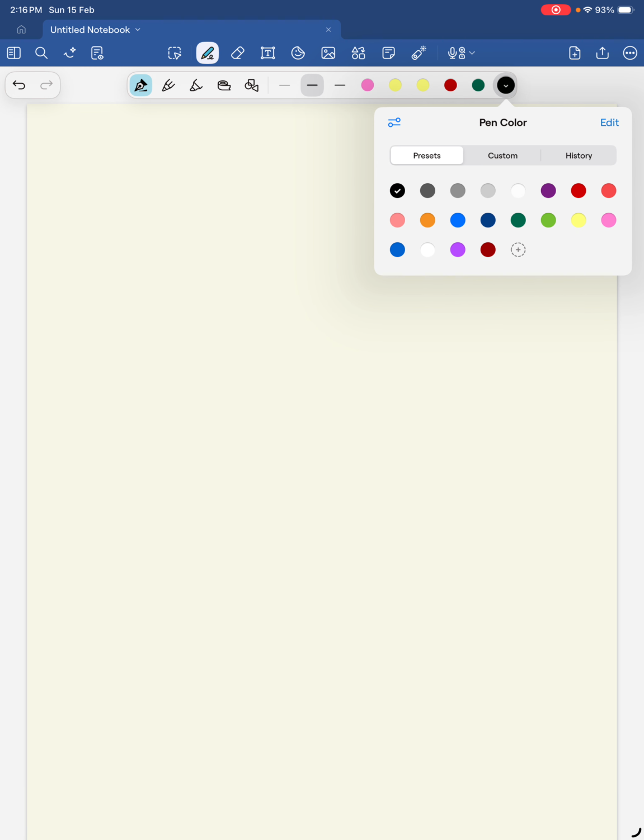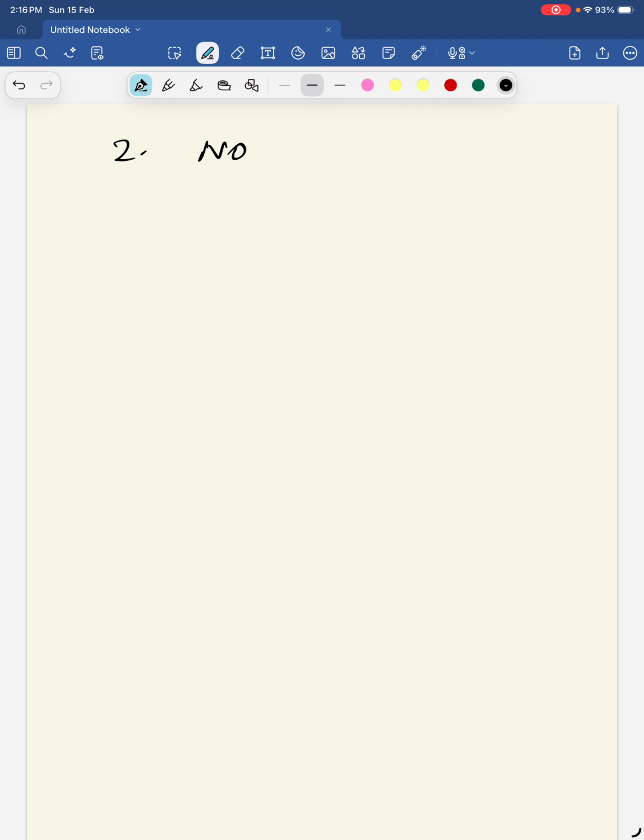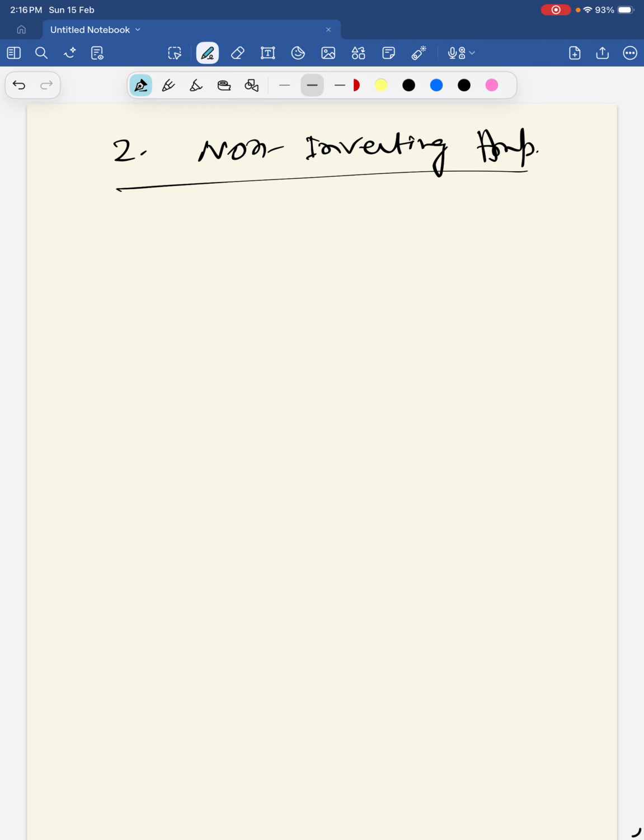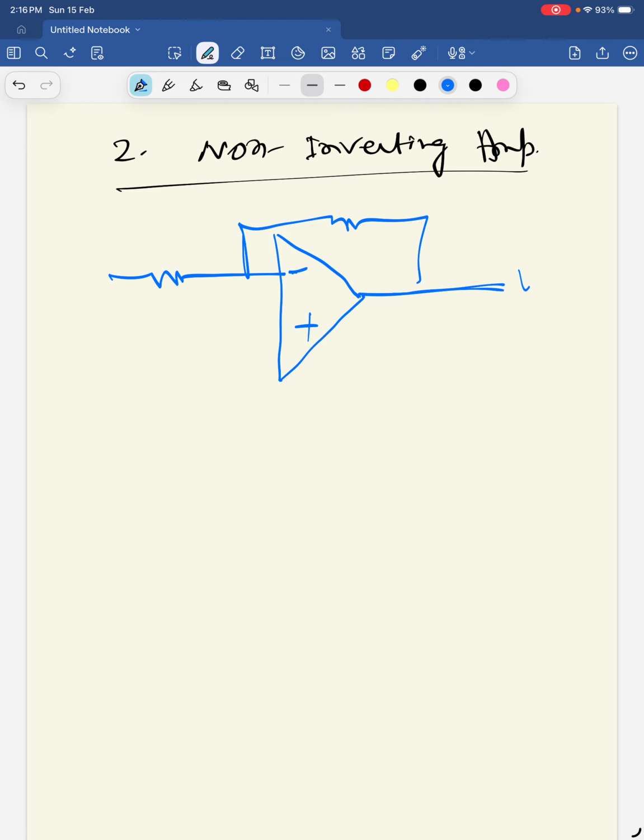Now we'll go for the non-inverting amplifier. First we will draw the circuit diagram. Always in this configuration, this is minus, this is plus. This is V0, this is RF, this is R1.